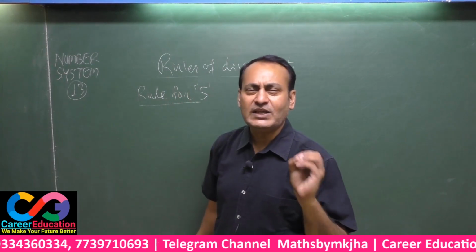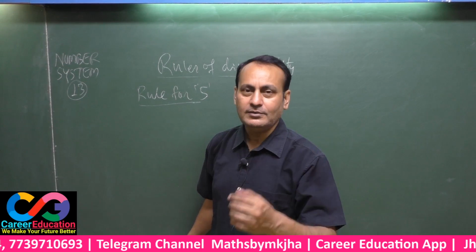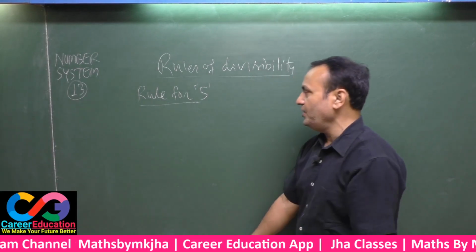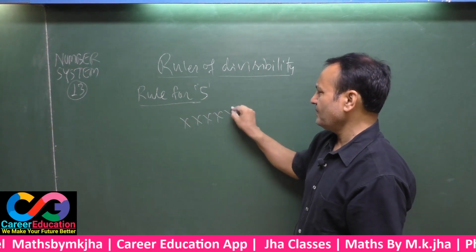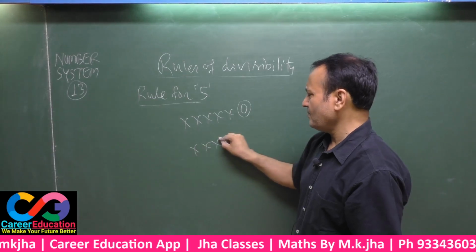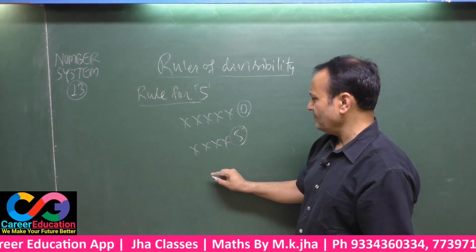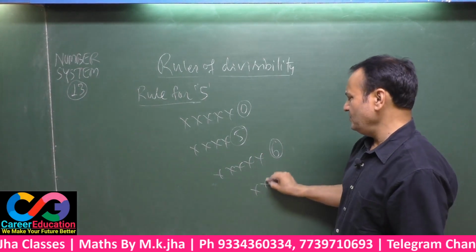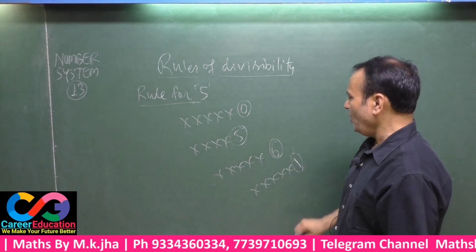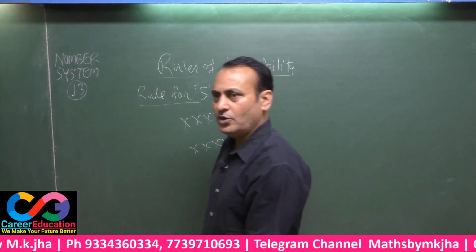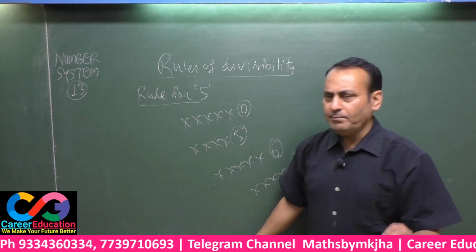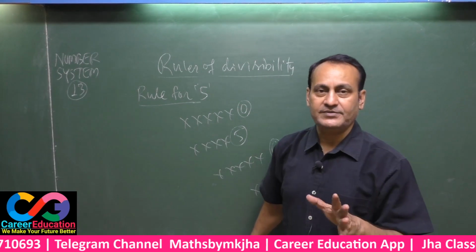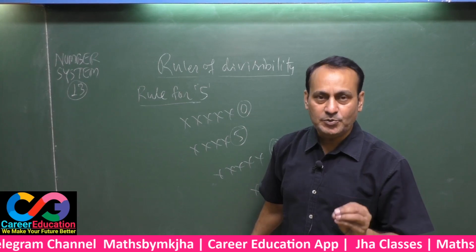Rule 4, 5 is very simple. Note down: if at the unit place of the given number there is either 0 or 5, the number is certainly divisible by 5.